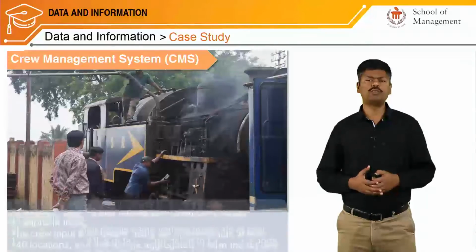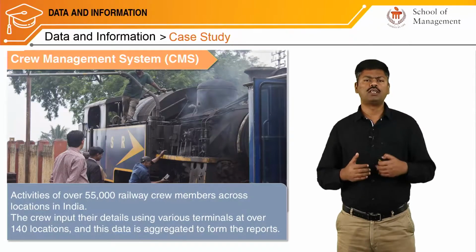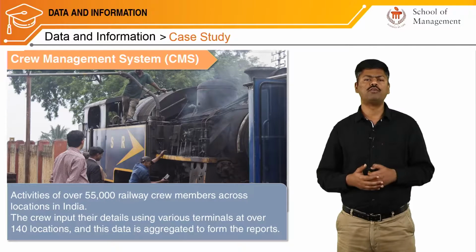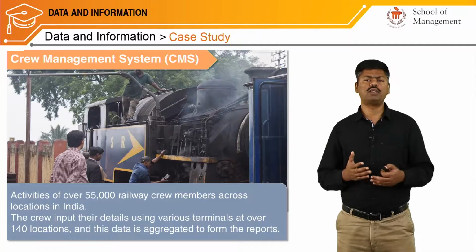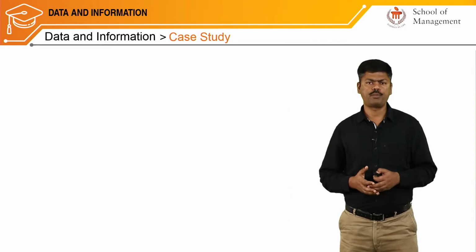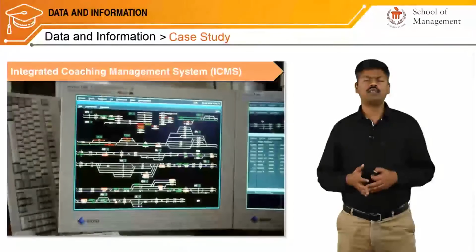Then we have the crew management system, which gives information about the activities of over 50,000 railway crew members across locations in India. The crew input their details using various terminals at over 140 locations, which provides information about the movement of the engines and locomotives, and this data is aggregated to form reports.